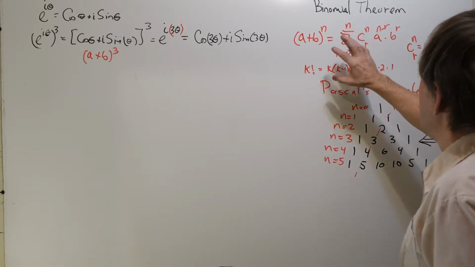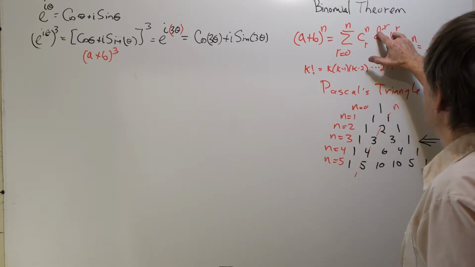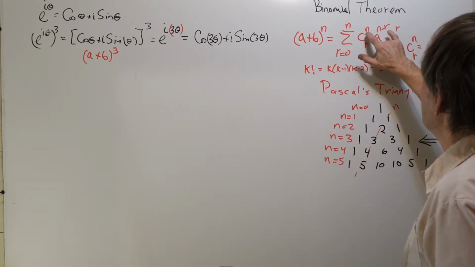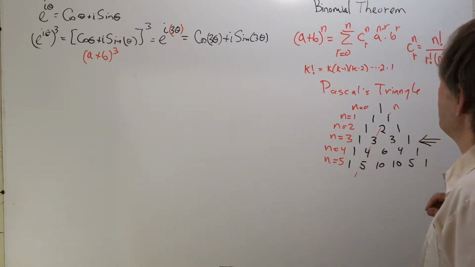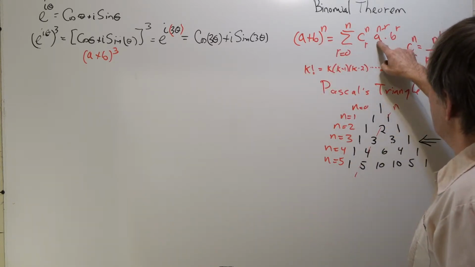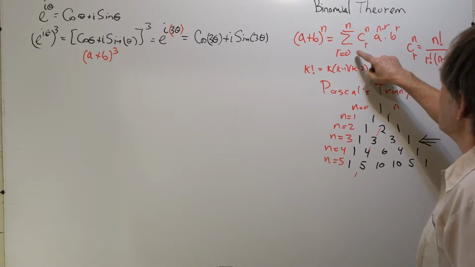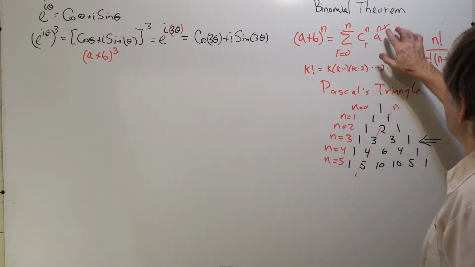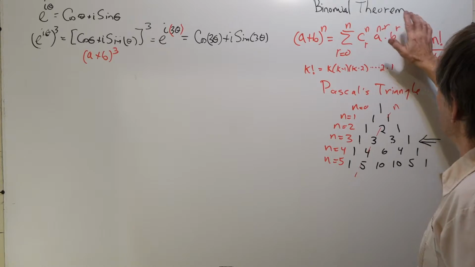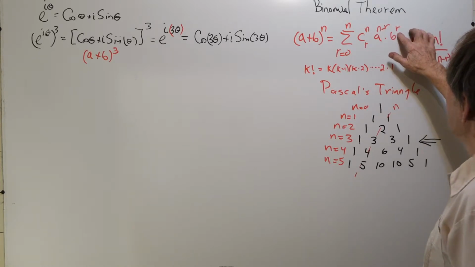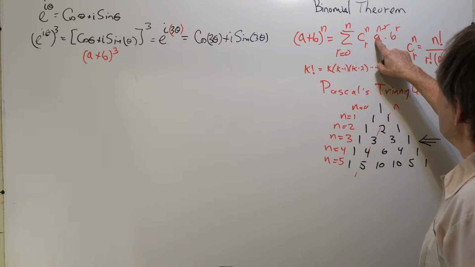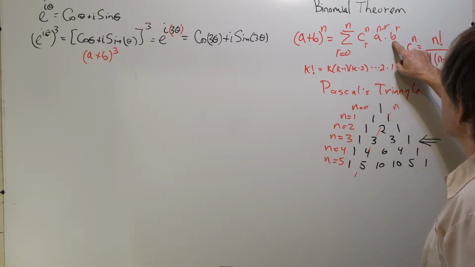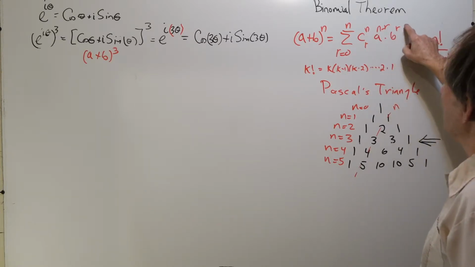So the powers for each term always sum to the power that we're taking a and b to. The other thing to note here is that when r is equal to 0, the a is to the n and the b is to the 0. And then as r increases, the powers on the a decrement by 1 as the powers on b increment by 1.